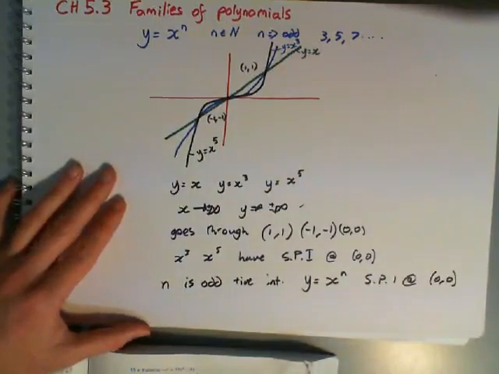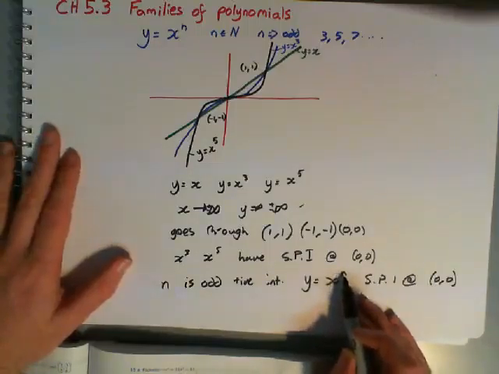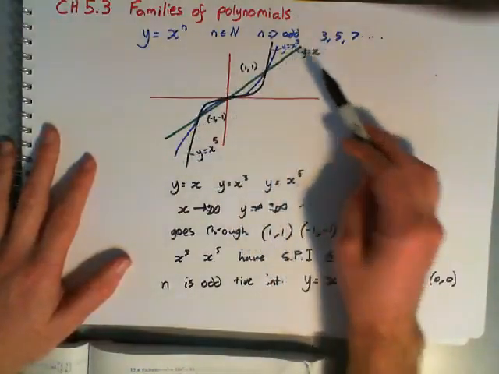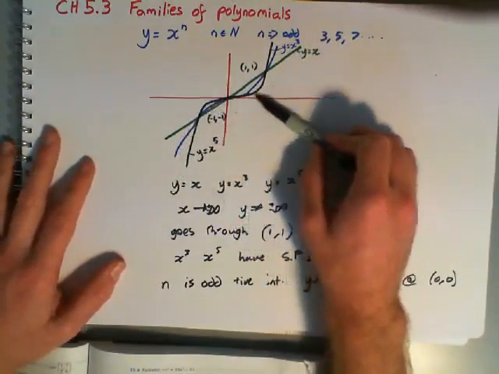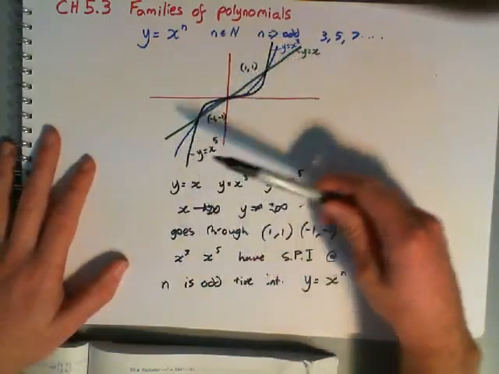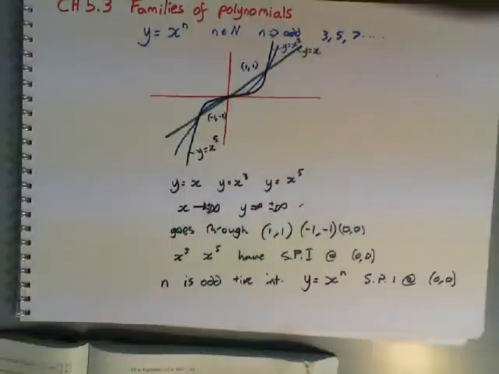For the higher numbers of n, it's going to follow a similar shape to x to the 3, so x cubed. Yes, it's going to be more narrow after 1 and minus 1, but essentially it's just going to follow the same shape. So that's a little summary there.